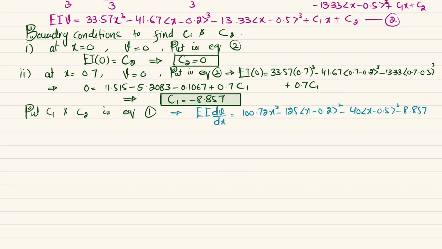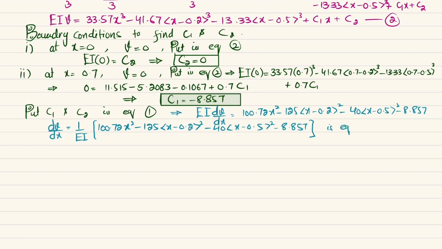If you divide by EI on both sides, dV/dx equals 1/EI into [100.72x² − 125⟨x − 0.2⟩² − 40⟨x − 0.5⟩² − 8.857], and this is the equation of slope that we will use a little bit later.